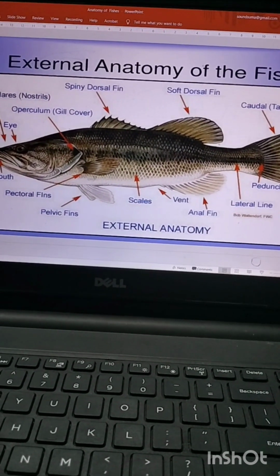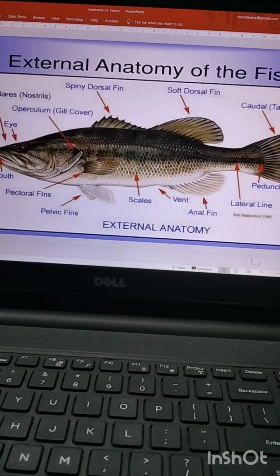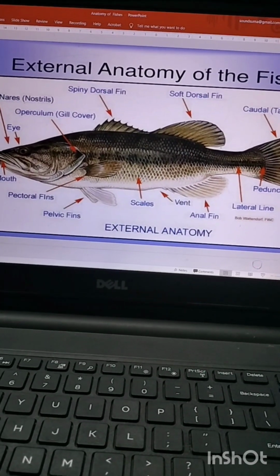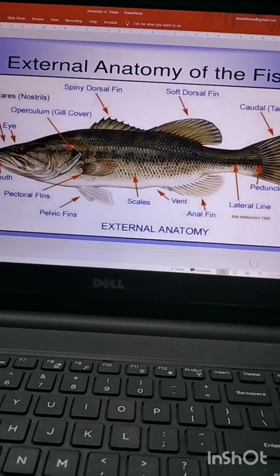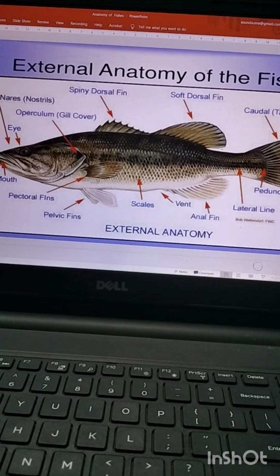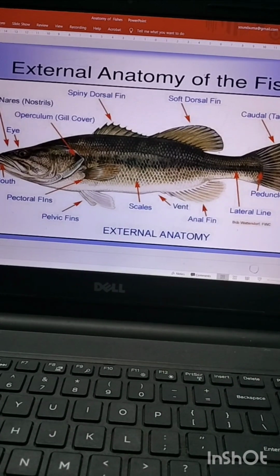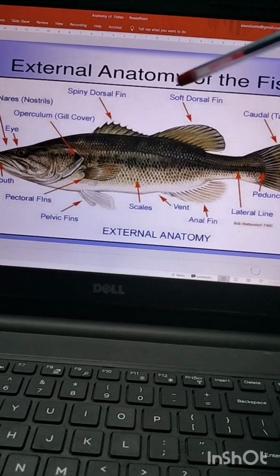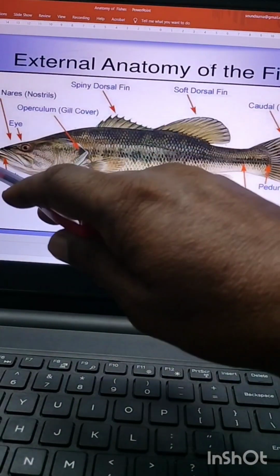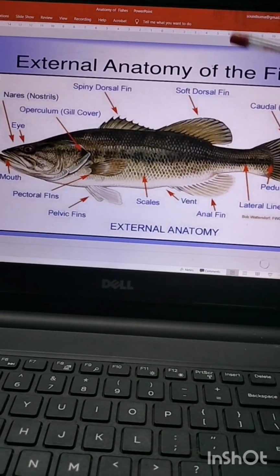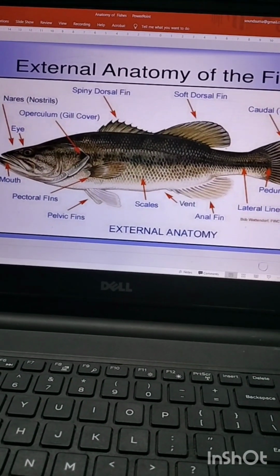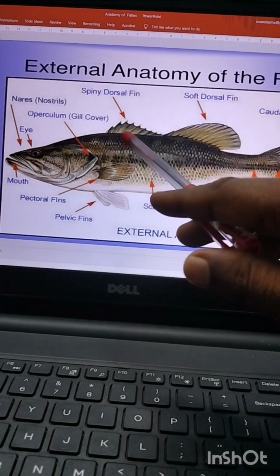Then coming to the fins, different fins are there, and they actually help with movement, swimming, balancing, and so on. I already told you this is the dorsal side, this is the ventral side, this is the anterior side and the posterior side. Coming to the dorsal side, you can see the spiny dorsal fin.